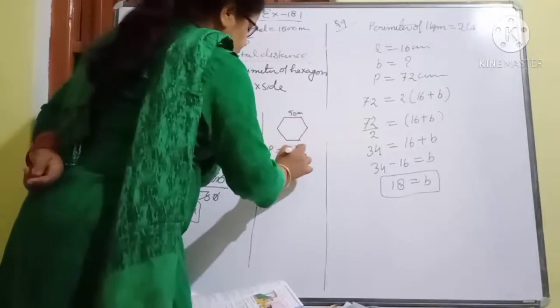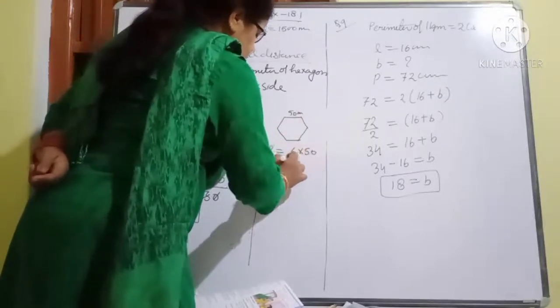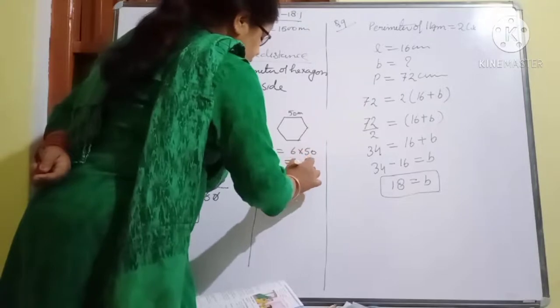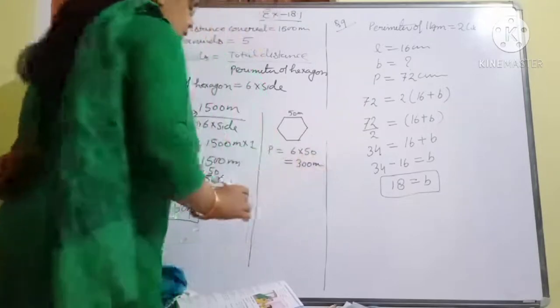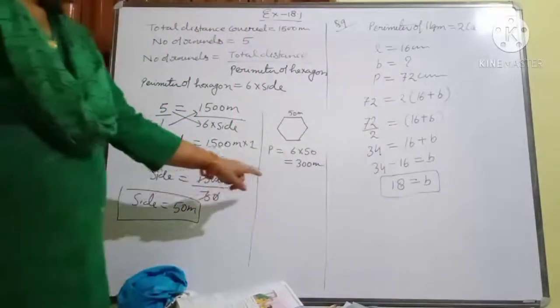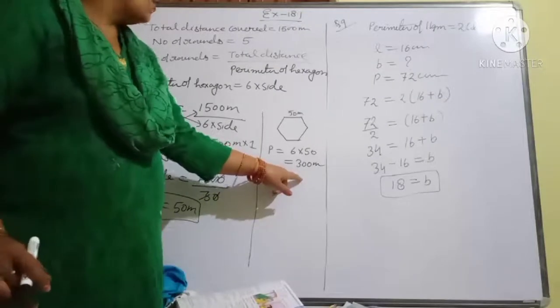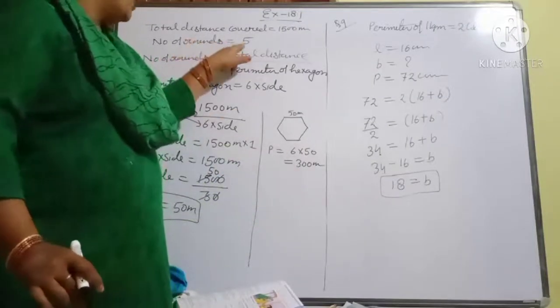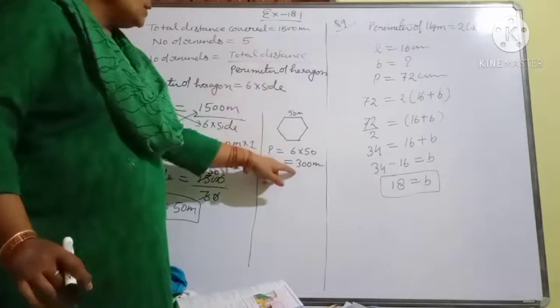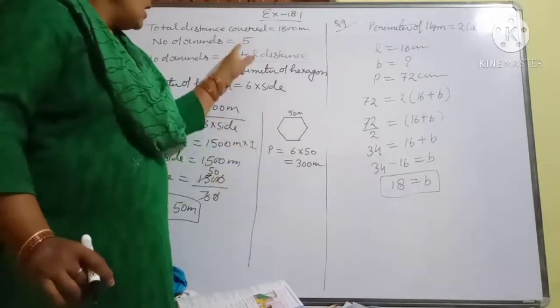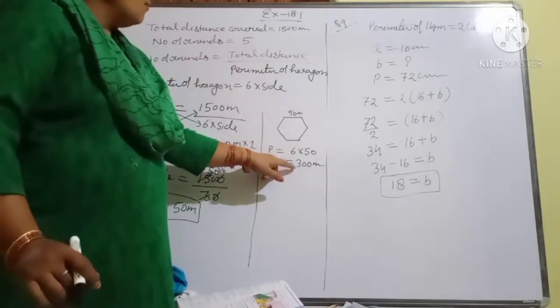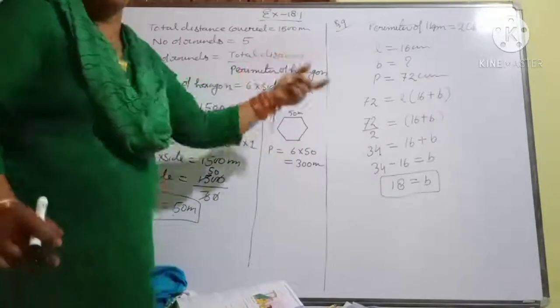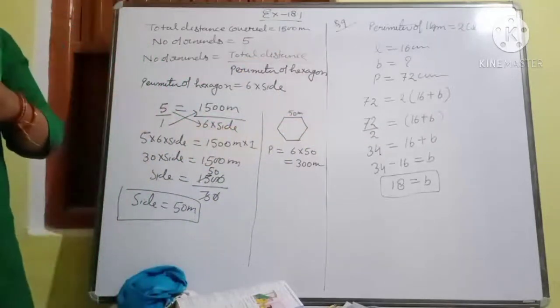The perimeter will be 6 into 50. 6 5s are 30, 300 meter. She will go 300 meter in one round. How many rounds has she taken? 5 rounds. In 5 rounds, how much distance will she cover? 5 into 300. 5 3s are 15, 1500 meters. So in this way we have checked that our answer is correct.